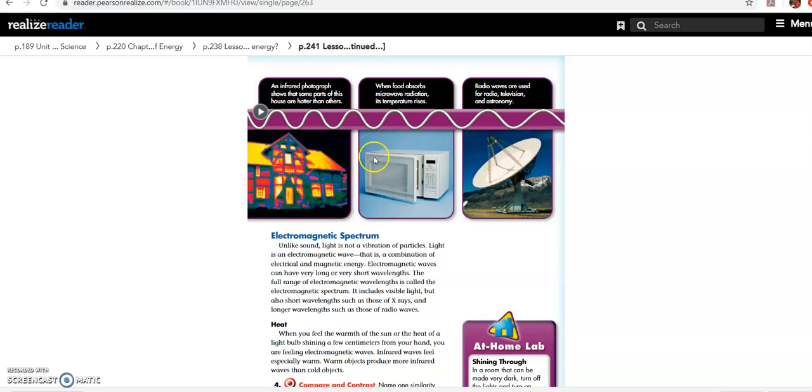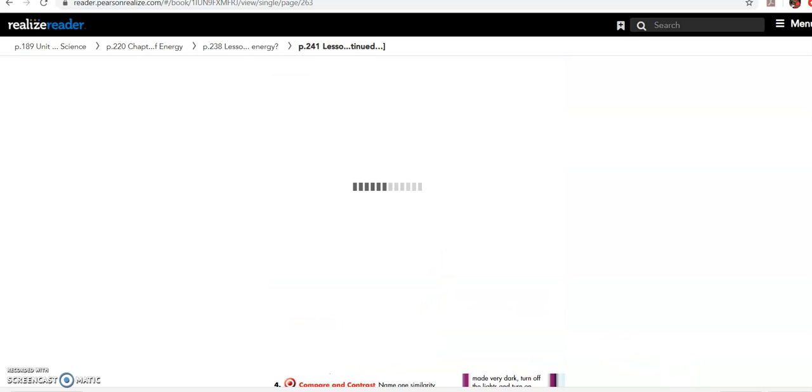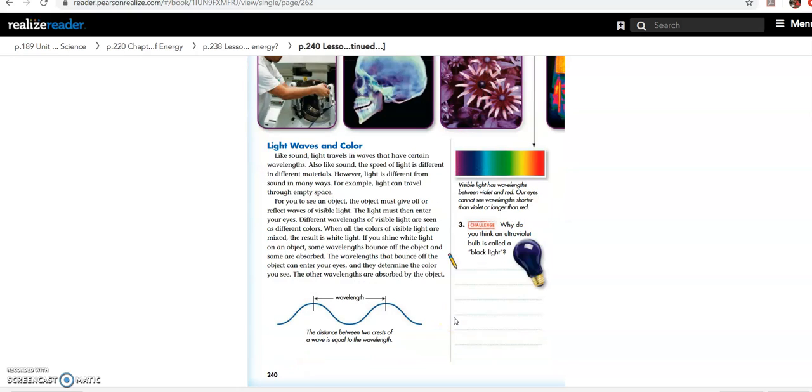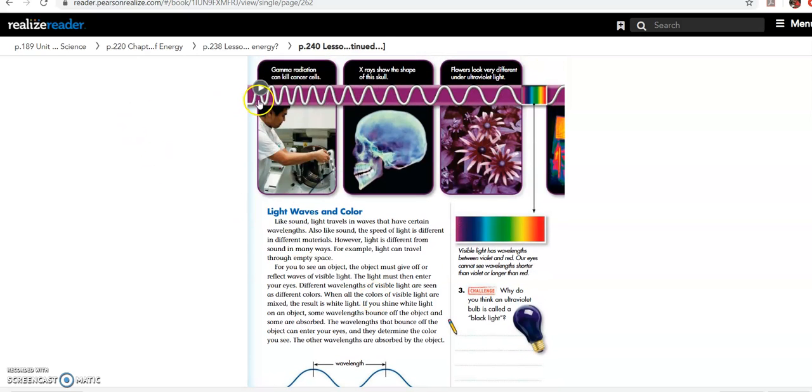Infrared, microwave radiation, and radio waves, they're all light waves. And they're all on the electromagnetic spectrum. So they can have very long or very short wavelengths. Remember, the wavelength is the distance between two crests. And on the left side, there isn't a lot of distance. And on the right side, on page 241, there is a lot of distance.